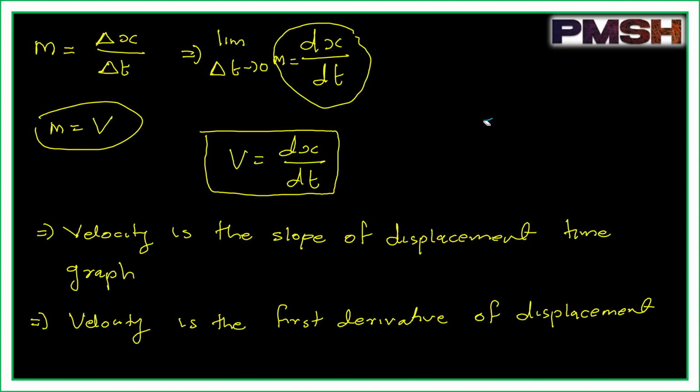Now, we have found the slope, right? Now let's see. We will integrate that equation on both sides. Our equation was v is equal to dx by dt.